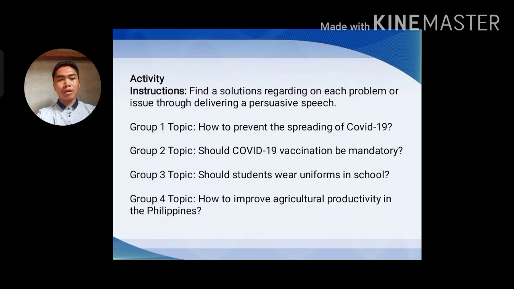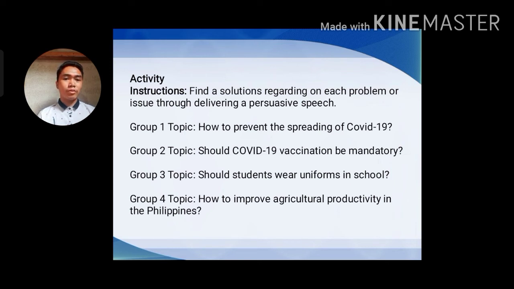For me, I agree with your opinion that COVID-19 vaccination shouldn't be mandatory because people have rights, right? So all of us have freedom to choose.